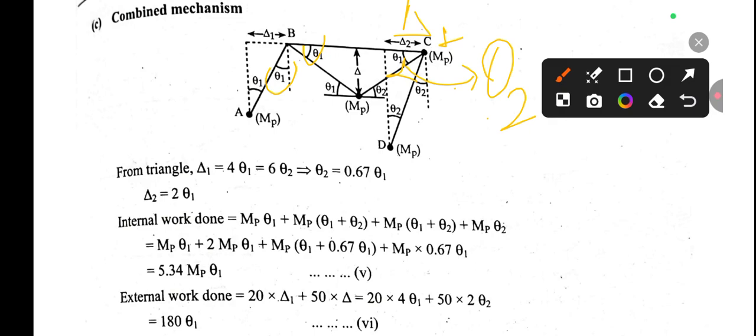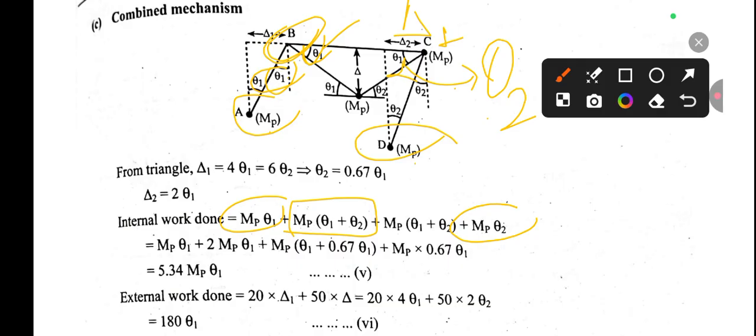So after this you can see here, this one will be MP into theta, because in the MP this theta 1 angle is made over here, so MP into theta 2. And due to this point B we have two different angles, that is theta 1 and theta 1. So this will be MP into theta 1 plus theta 1, both are the same.